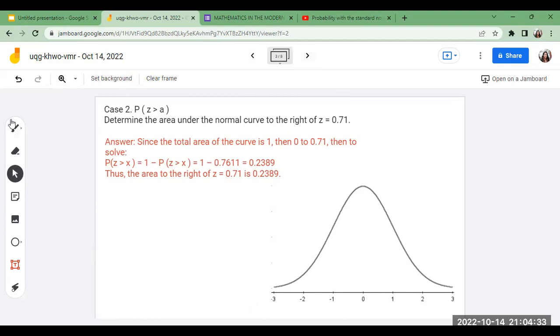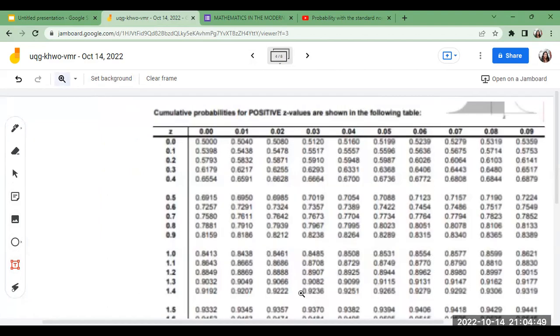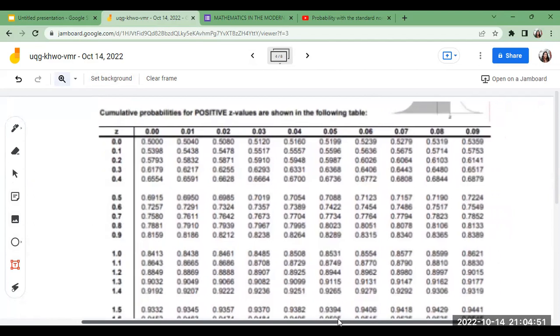And that is 0.71. The first decimal point is 0.7. So let's look for 0.7 in this column. Here it is, 0.7.